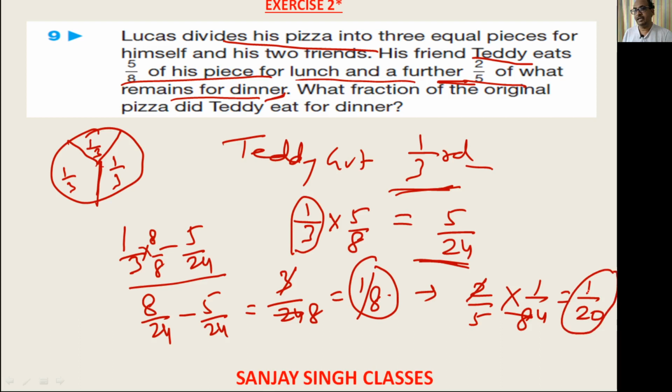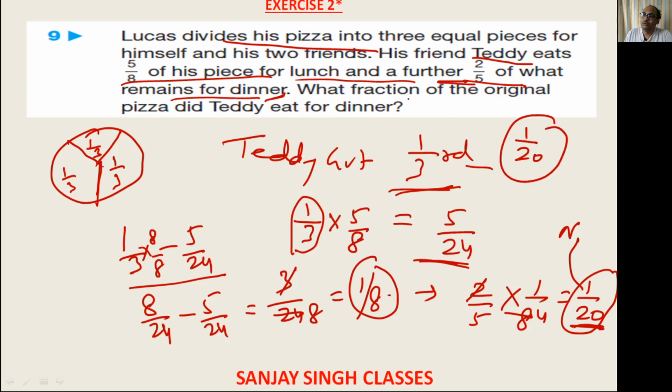So see here, now 1 has come in the numerator, and the denominator shows what fraction of the original pizza Teddy ate for dinner. So Teddy has taken 1 by 20th part as dinner. 1 by 20.